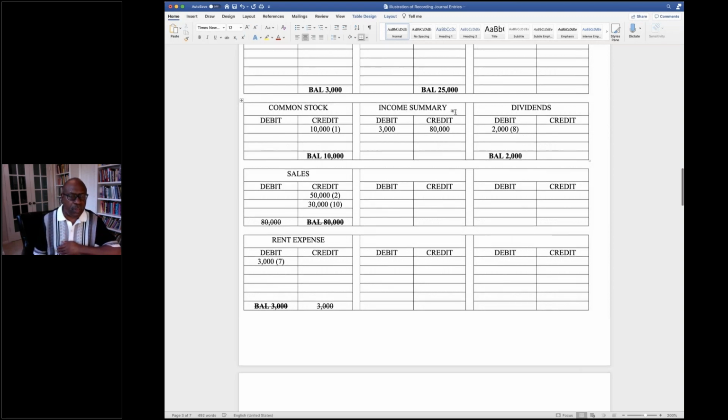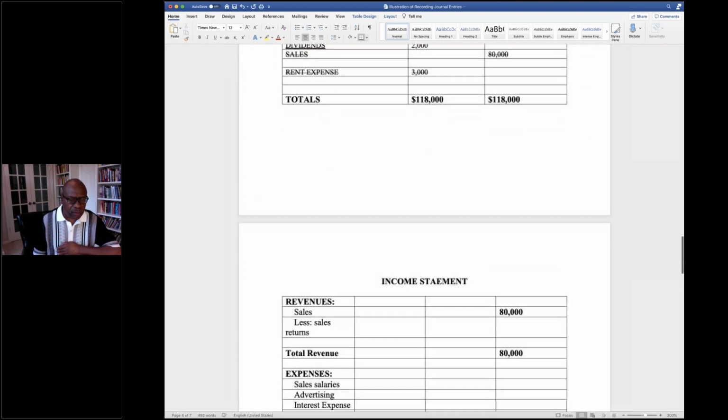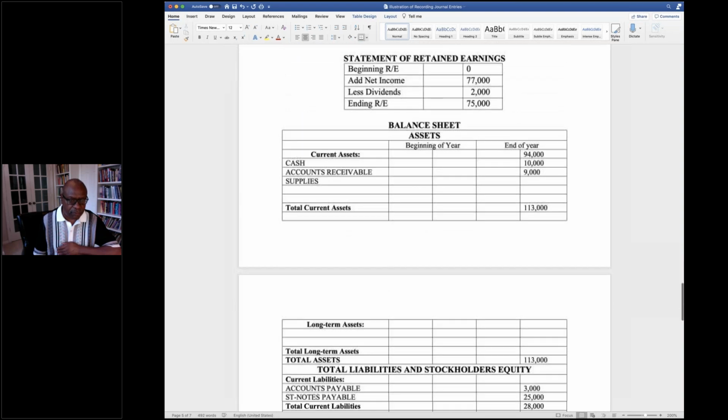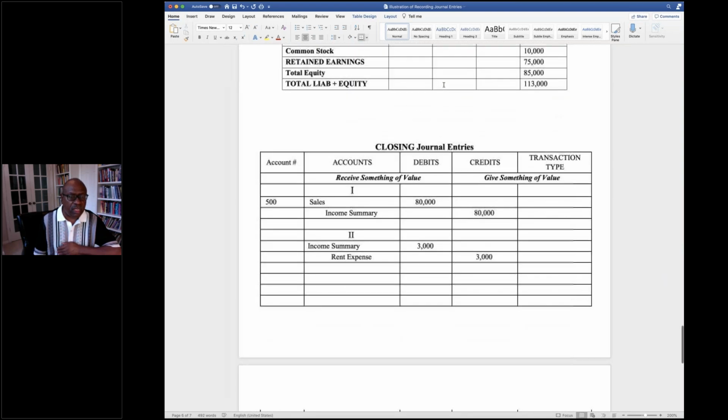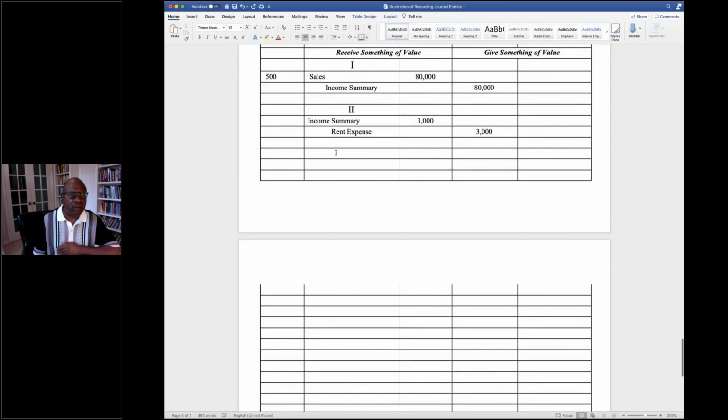Okay. In our third closing entry, we said what? So in closing entry 3, assuming we have income, we will now debit income summary.